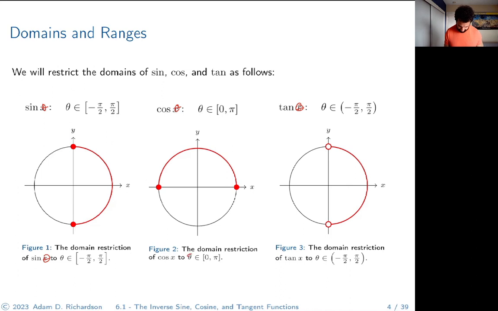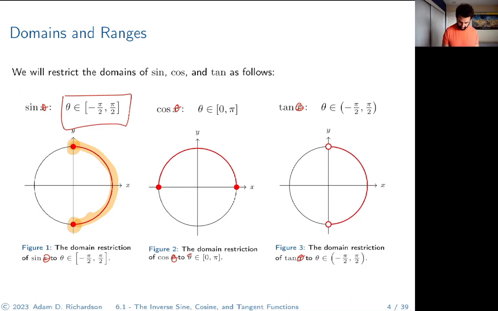So for the sine function, we're going to restrict our domain to angles that are within negative pi over 2 to pi over 2. In terms of the unit circle, that's all the angles over here on the right-hand side of the circle, including pi over 2 and negative pi over 2. Remember, what is sine? Sine is vertical displacement.